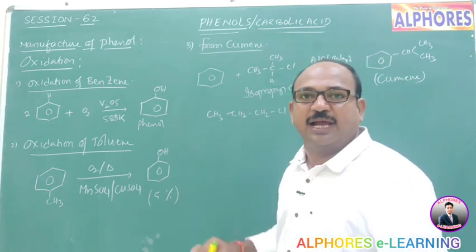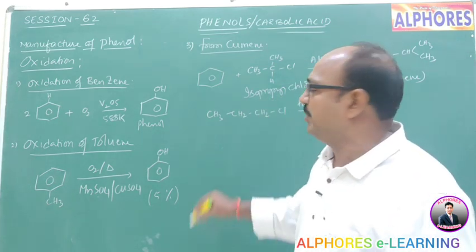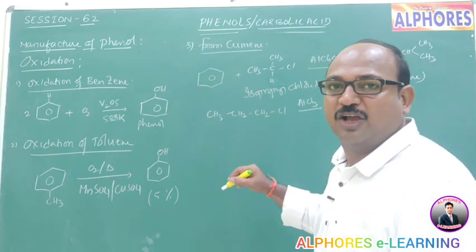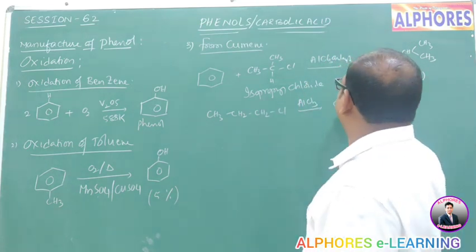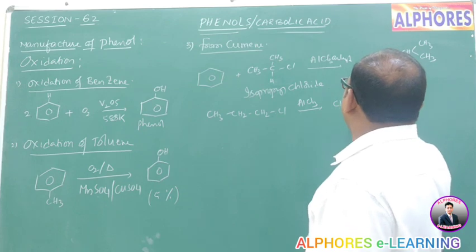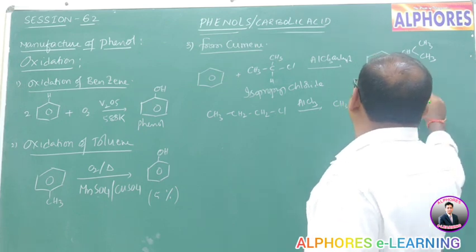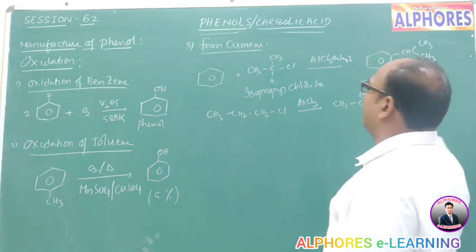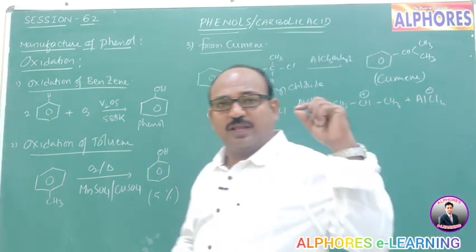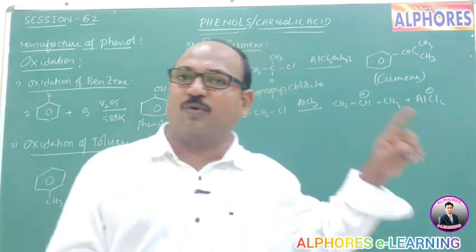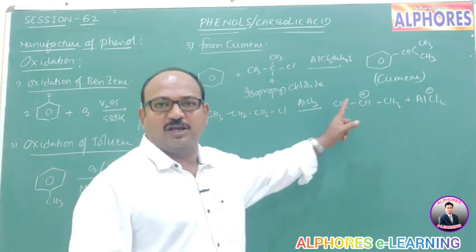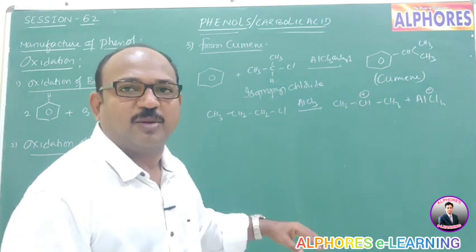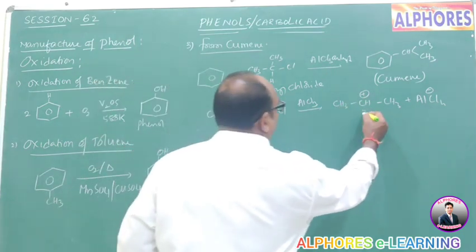But the primary carbocation is highly unstable, so it immediately rearranges to a secondary carbocation by hydride shift. Hence we again get isopropyl carbocation and AlCl4 minus. That means whether you use 2-chloropropane or 1-chloropropane, ultimately we get the isopropyl secondary carbocation.